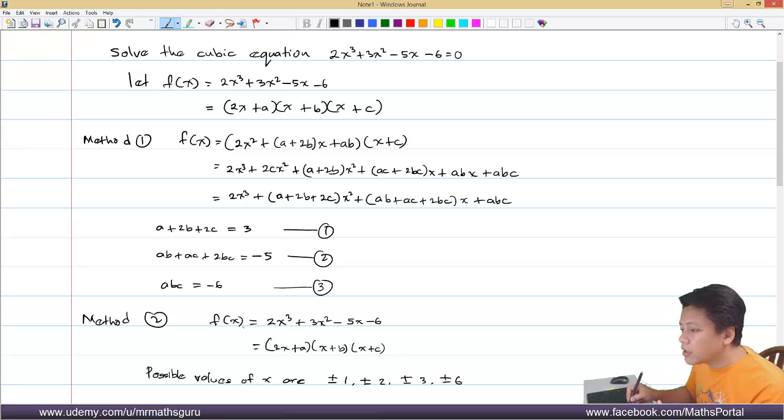Since a times b times c is equal to minus 6, the values of a, b, and c can be any one of these. So there are 8 possible values.